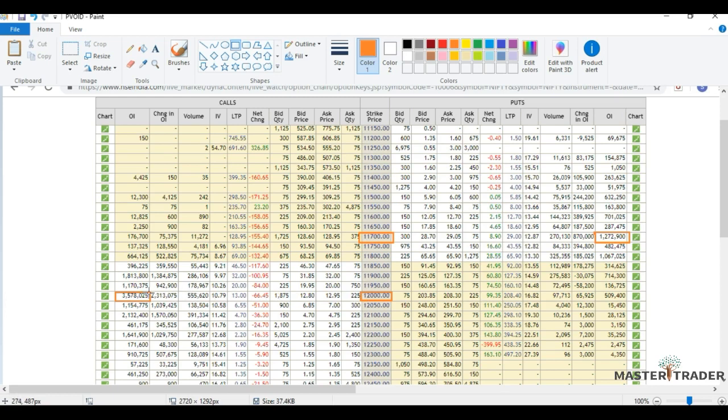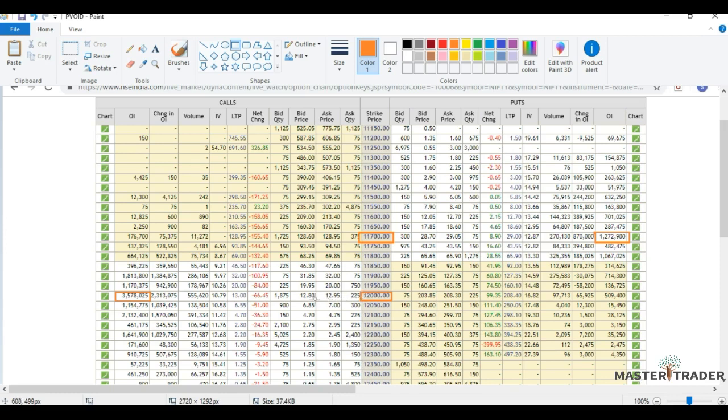If somebody is selling a call option, does that mean they are bullish or bearish on the market? This simply means that this many traders are bearish on the market. So 35 lakh contracts have been written at the 12,000 level, meaning this many contracts are bearish at this particular level, 12,000.